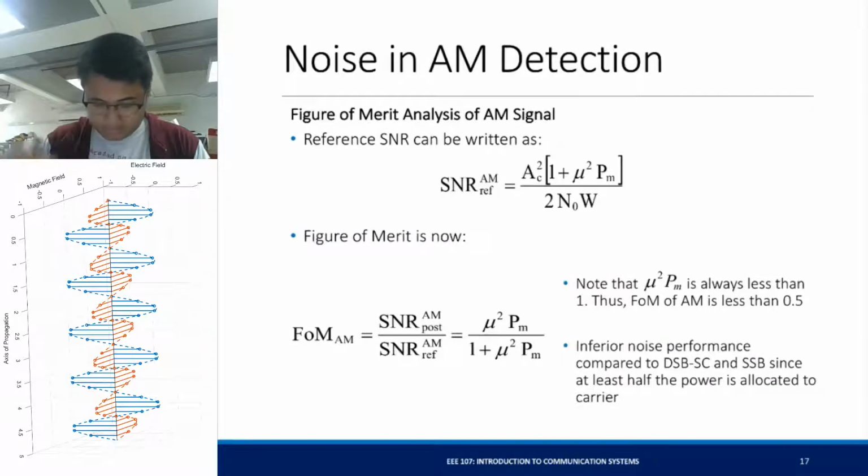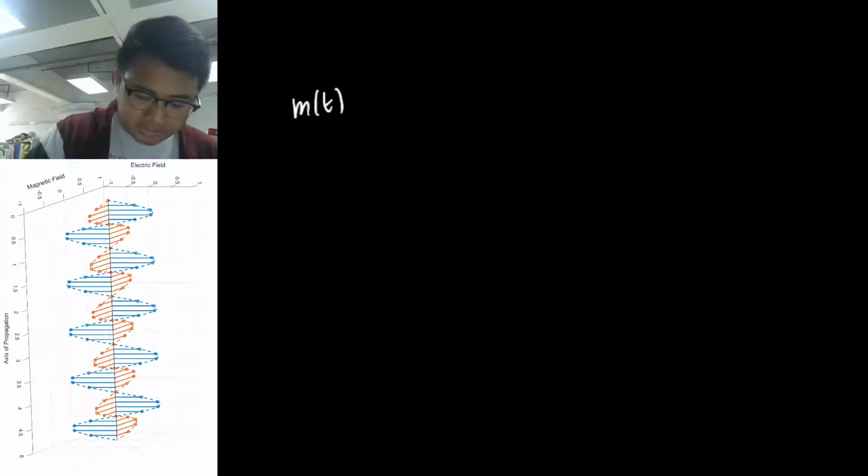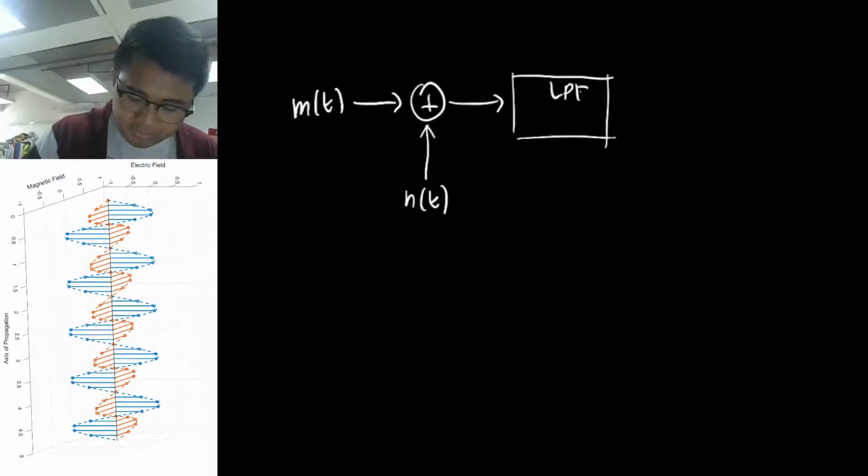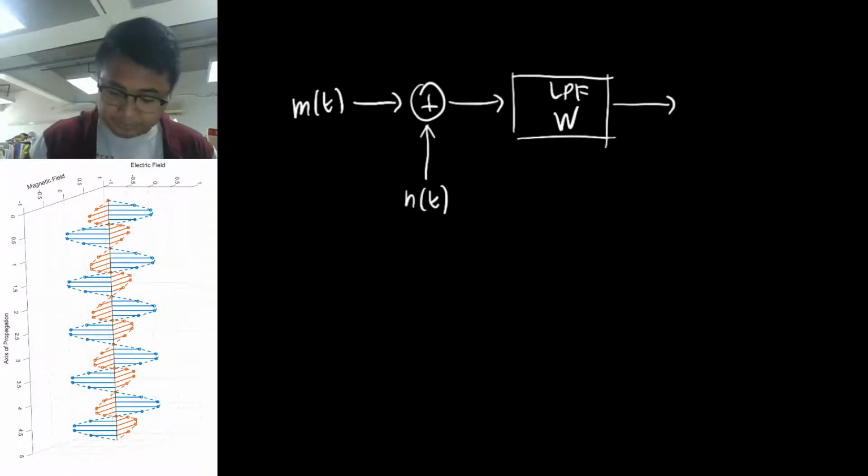So the reference SNR can be rewritten as this. Where did this come from? Well, recall the process of getting the reference SNR. We have a signal here, the message signal with the same power as the transmitted signal. And then you have a noise signal. Then you pass it through an LPF with the same bandwidth as the message. So you have, again, the message signal plus the noise signal.